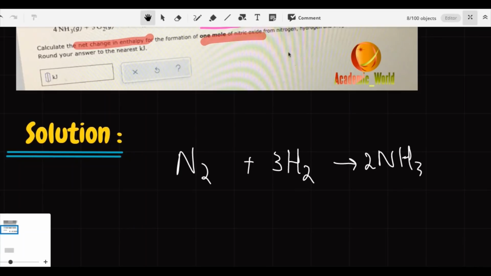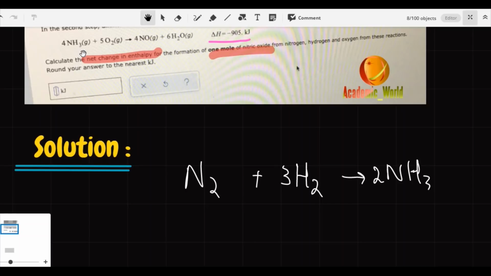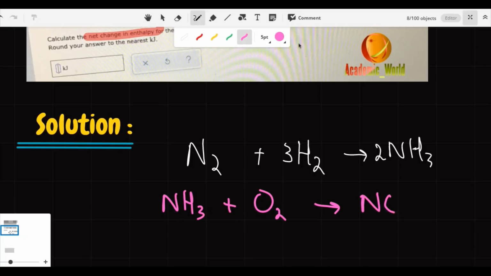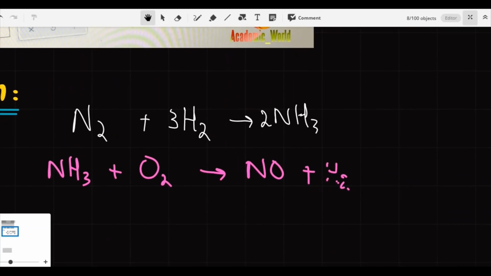Now the second step. In the second step, you can see that ammonia and oxygen combine to form nitric oxide and water molecules. So now you need to write the second step, that is NH3 reacting with oxygen to form NO and H2O. Let me write it again.